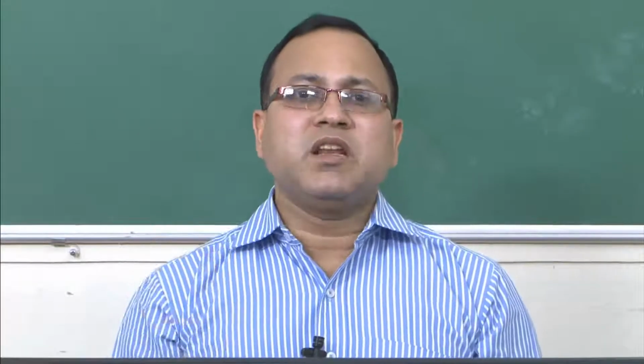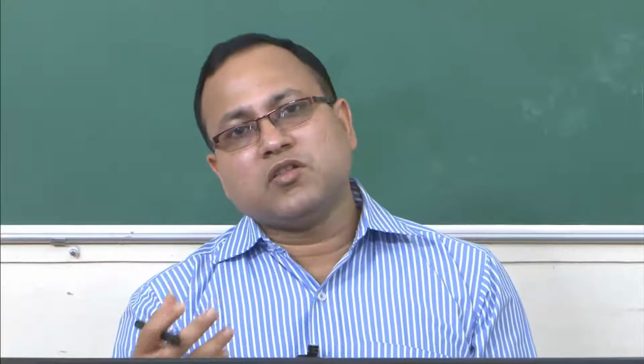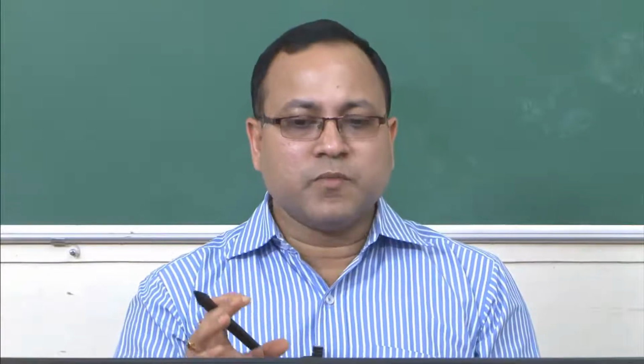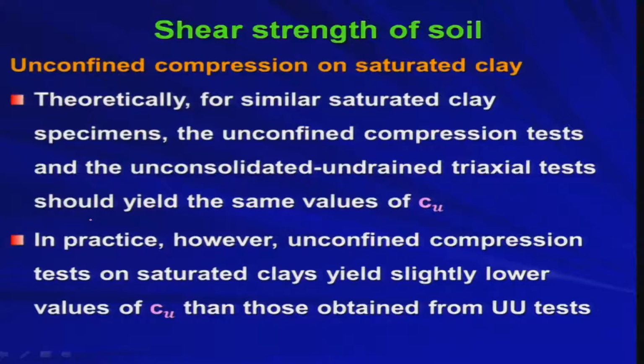So, that means in that situation you can consider the confining pressure to be 0 also, because it is independent of the confining pressure. That is why it is said that for similar saturated clay specimens, the unconfined compression test and the unconsolidated undrained triaxial test should yield the same values of Cu theoretically.